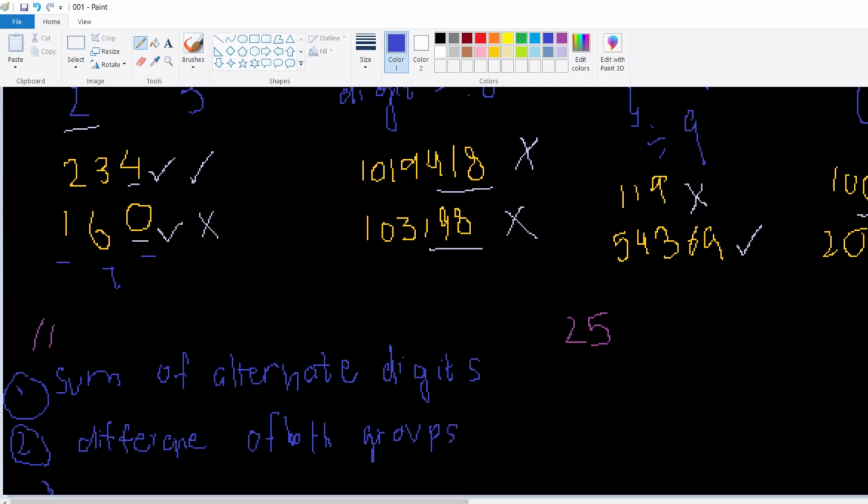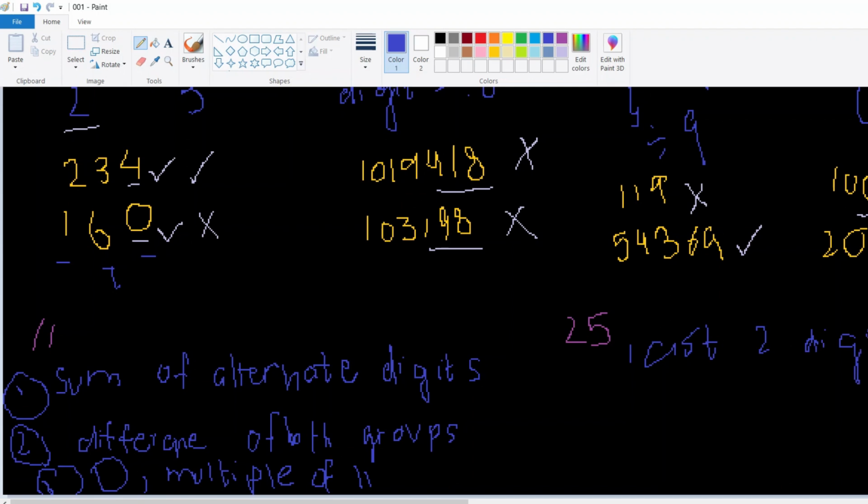And the last way to check is the difference should be either 0 or a multiple of 11. For 25, the last two digits should be divisible by 25.